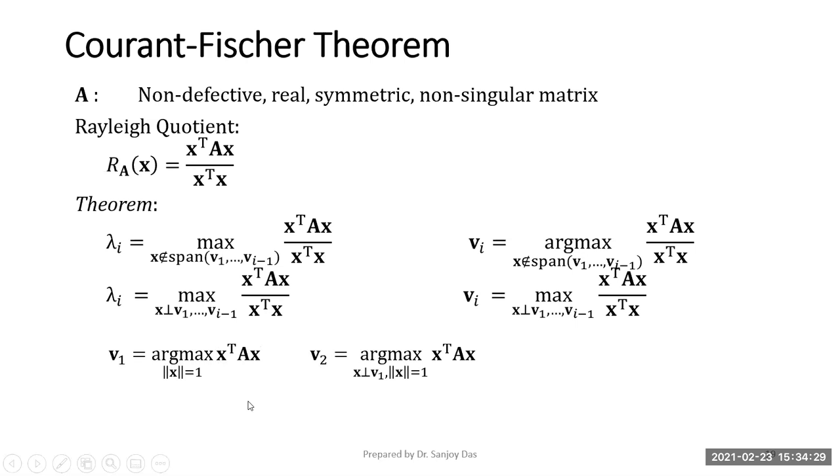Let X be equal to V2. If I want to make it orthogonal to V1 and V2, then I must choose V3, and so on. Here, X is orthogonal to V1 and V2.